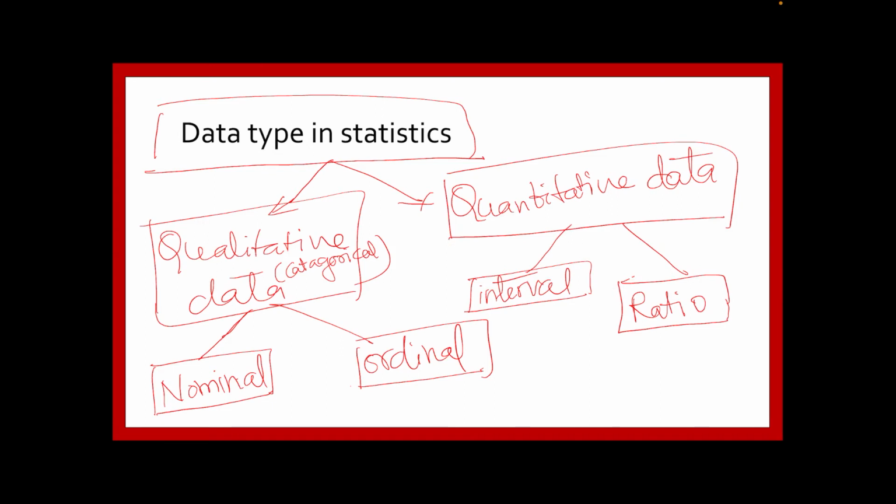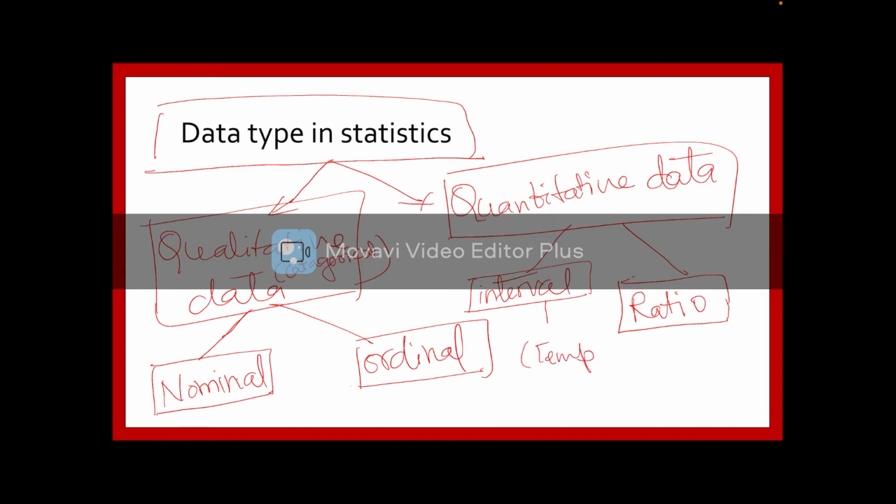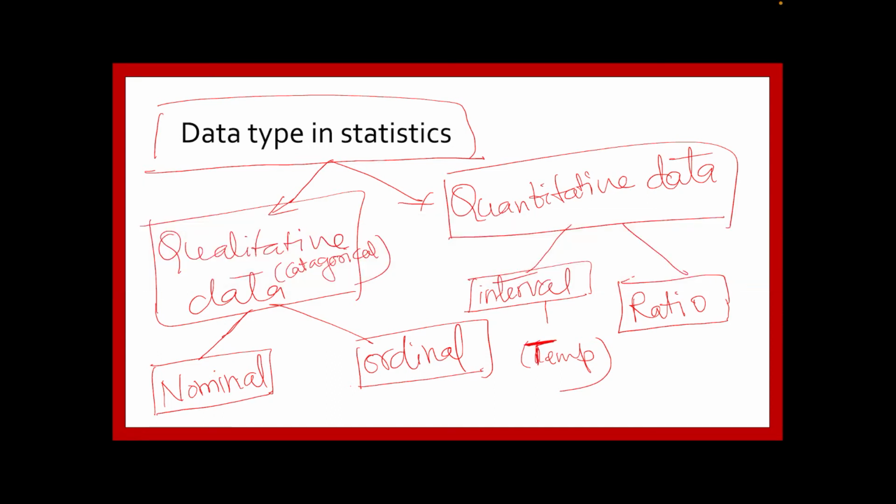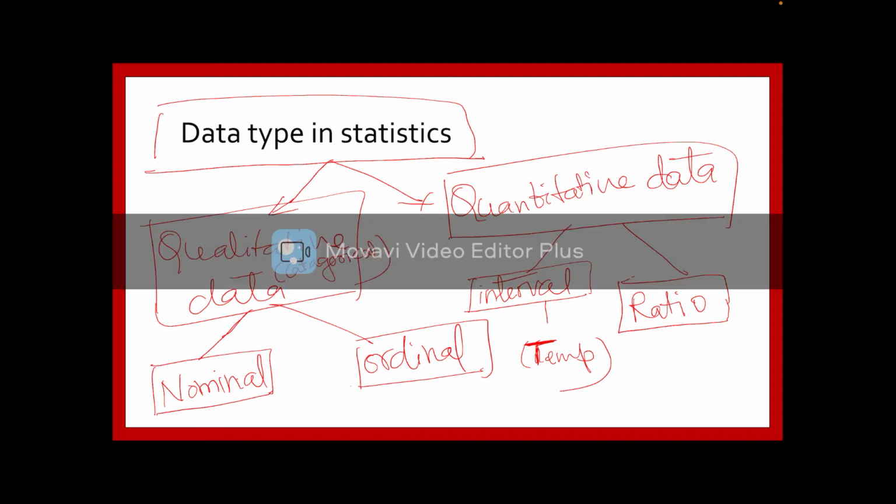For interval data, an example is temperature. We can compare the difference or interval between the temperature of two bodies, two cities or two vessels, but we will not represent this kind of data in terms of ratios.